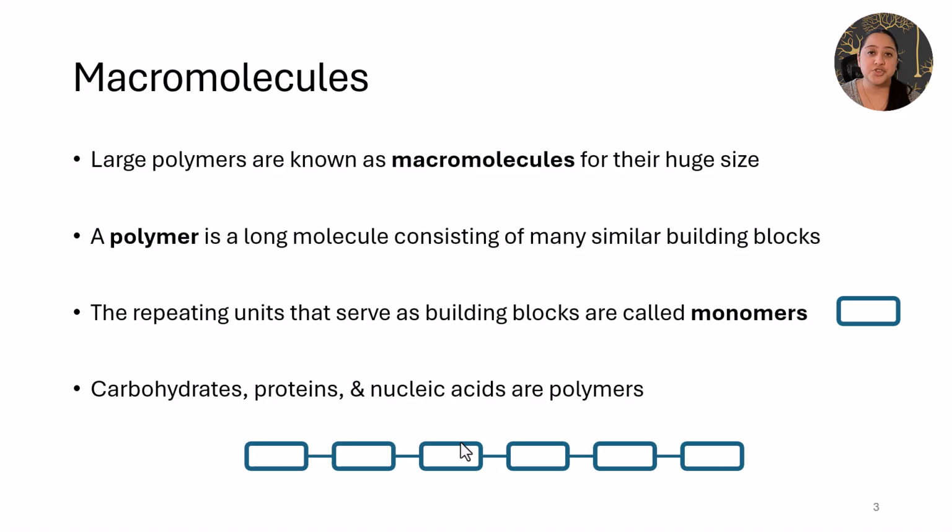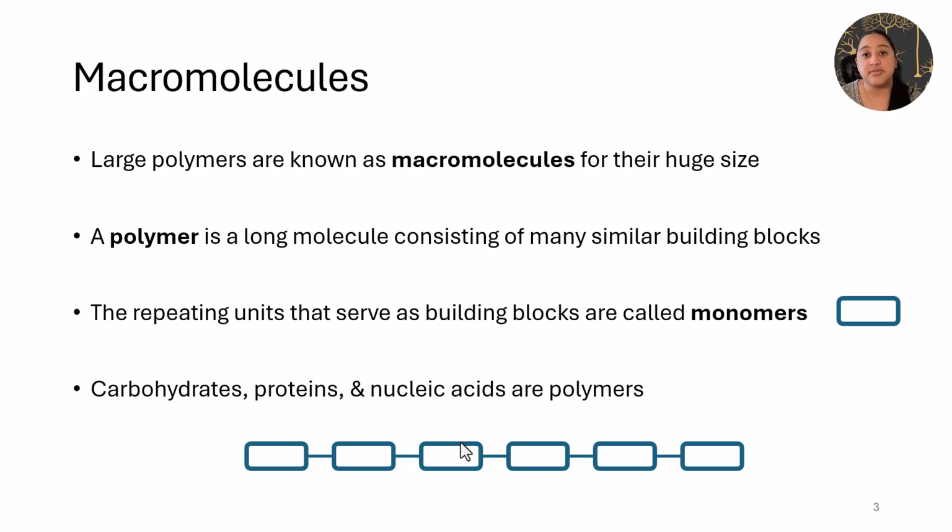So large polymers are known as macromolecules for their huge size. It's not like small, simple molecules like carbon dioxide or oxygen, where it's just a few atoms. These molecules are large, and so they're called macromolecules. A polymer, again, is a long molecule consisting of many similar building blocks.